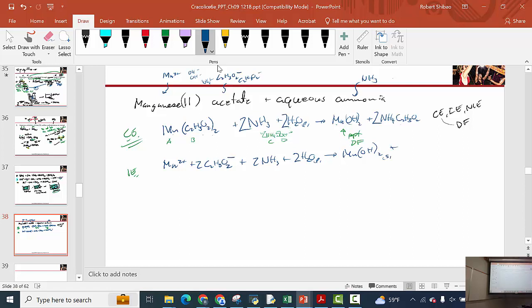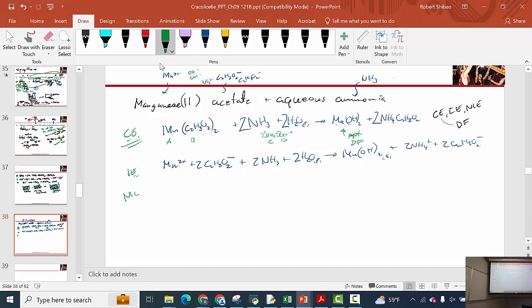Ammonium acetate, that's soluble. All ammonium salts are soluble, all acetates are soluble. So it's a strong electrolyte. What do we do? 2 NH4 plus, 2 acetate minus.